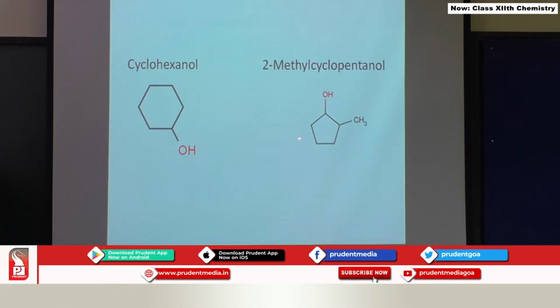Now here we will have to number the system. This will be carbon number 1 since the functional group is attached to it, and obviously this is going to be number 2. So this is going to become 2-methylcyclopentanol. One can also write the name as 2-methylcyclopentan-1-ol.